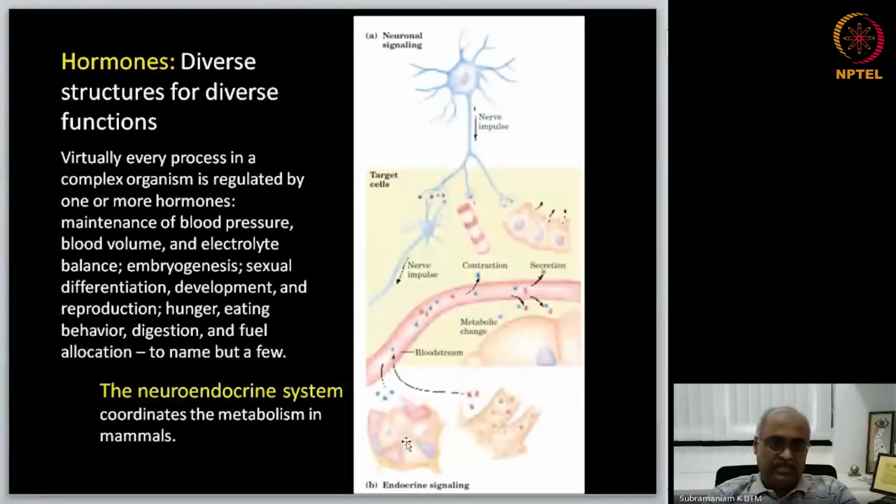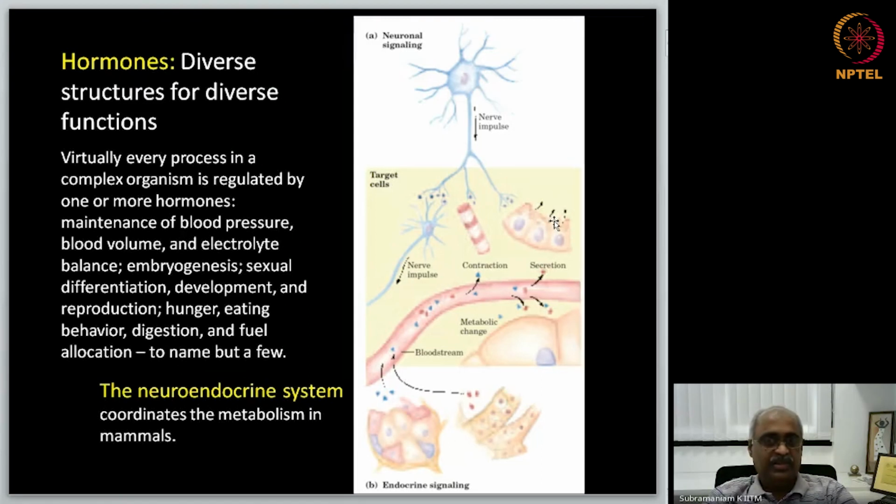Okay. And the endocrine glands, on the other hand, produce signals that travel via the bloodstream. And from the blood capillaries, they diffuse into the tissues, and they could again do the same thing. A neuronal signal, a neurotransmitter, or a hormone coming from an endocrine gland, both can act on similar functions. For example, in this case, muscle contraction. In this case, secretion, making another tissue secrete a molecule.